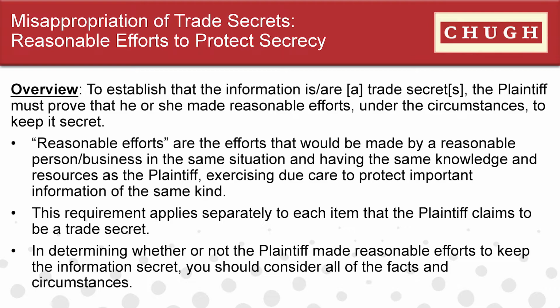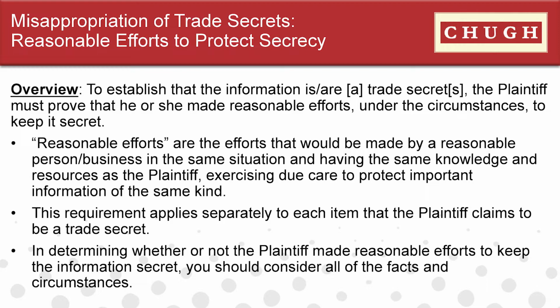You can have something that's a trade secret with respect to one party that's not a trade secret with respect to another party. So, for example, in that KFC example, if they want to outsource the production of the chicken to one of their vendors, then that's no longer a trade secret with respect to that vendor.